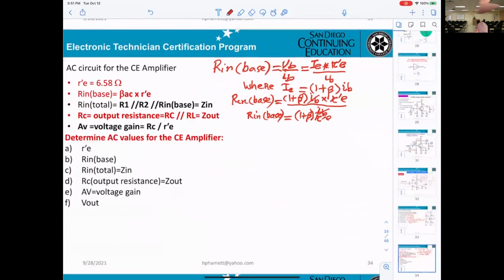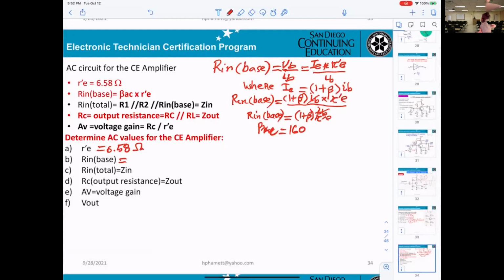Beta AC 160. Okay, so do the calculation for me. R prime E, we already got 6.58. Do the calculation for R in base for me.